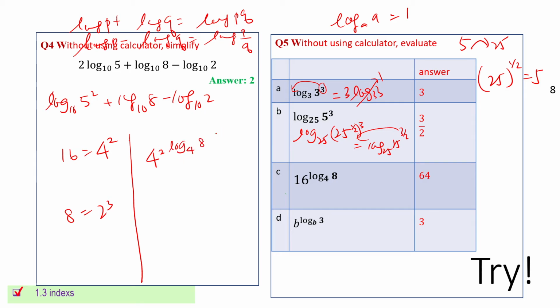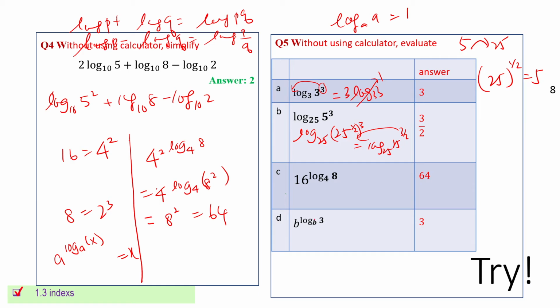Okay, these two, when I bring out 4, log 4 8 to the power of 2. And we know that a to the power of log a x equals x. This is one of the properties of the logarithm. So this one is 8 to the power of 2, so this one is 64.